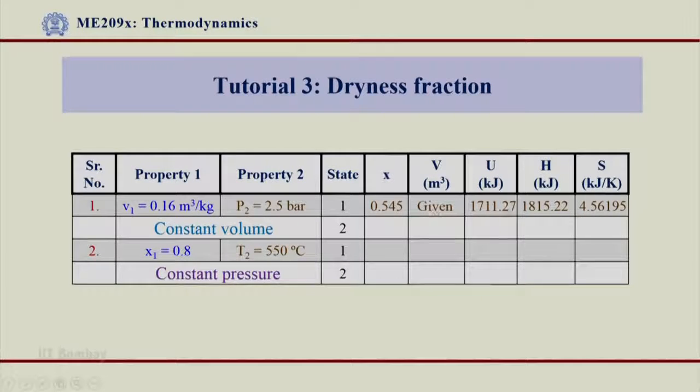So the state 1 values that we calculated are given, and the values of state 2 are here, where x changes from 0.545 to 0.22, while u changes, h changes, and entropy changes are also given here. So the respective values at state 1 and state 2 are shown, and this process is constant volume, and that is why V1 remains the same in this case.